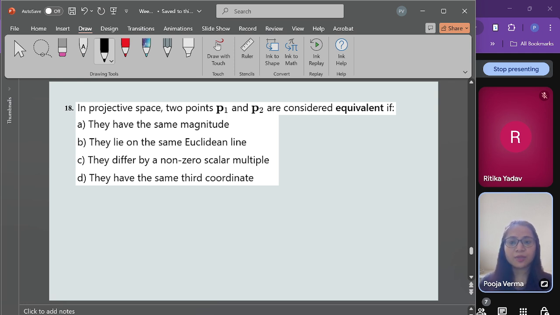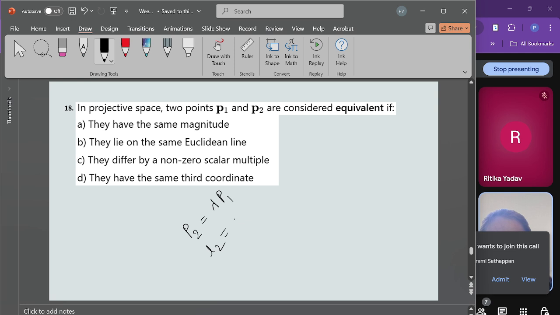We have solved many questions on that and many times we have seen that 2 points P1 and P2 in the projective space differ by a non-zero scalar multiple. One question we have solved: P2 is equal to lambda P1, that is, line L2 is equal to lambda L1.